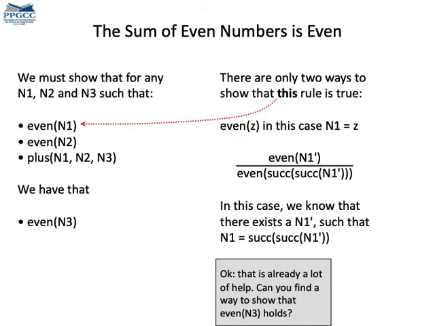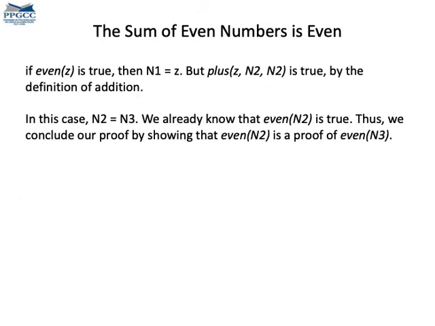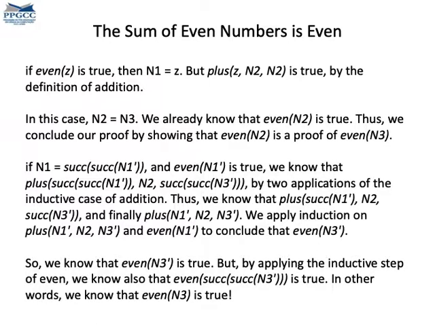So how can we move on from these observations towards the final proof? In the first case, we have that any1 is 0, but any1 plus any2 is any2 because any1 is 0. And as a premise, we already know that any2 is even. So we're done.